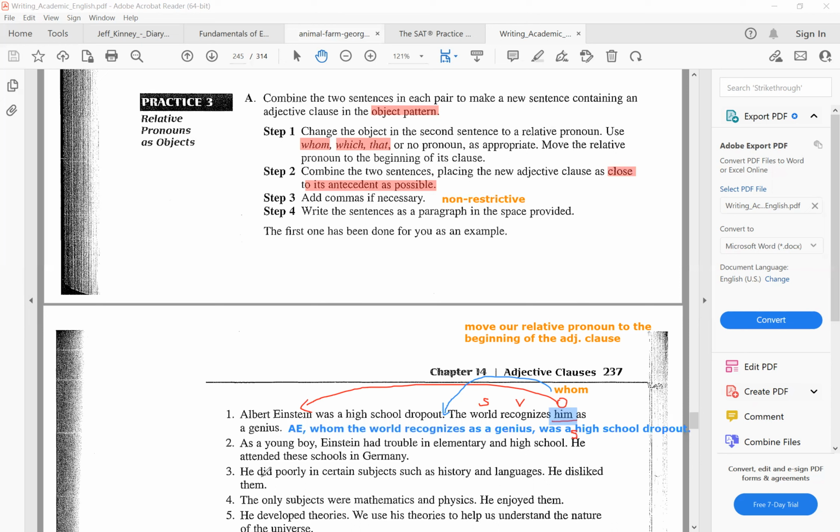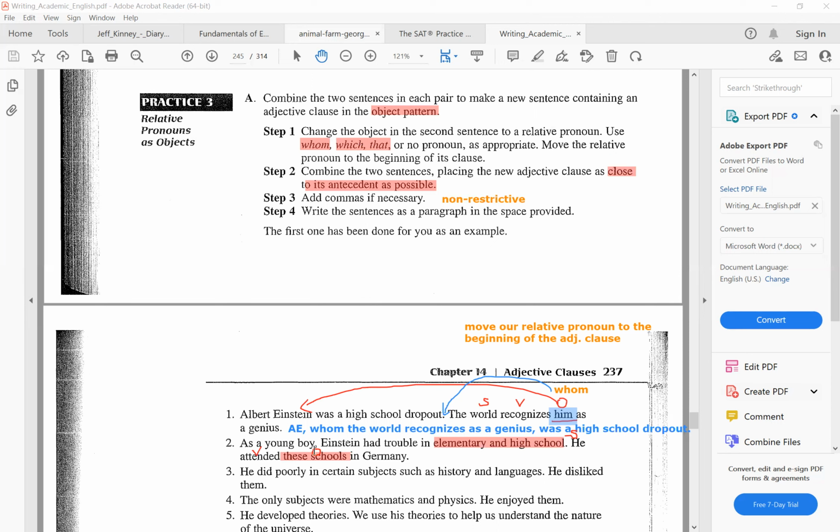He is the subject, attended is the verb, these schools is the object. And this is referring to the elementary and high school in the first sentence. So we know that this is referring to things. And that's why we have to use either which or that.